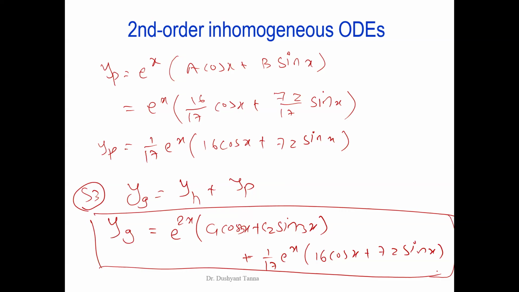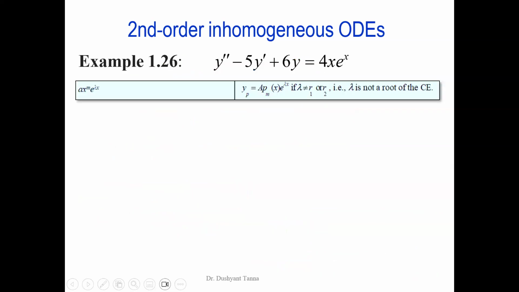And finally, combine it, yg equals yh plus yp. And if the initial condition is given, then you go further to get rid of your constants c1, c2. So let's look at our last example.